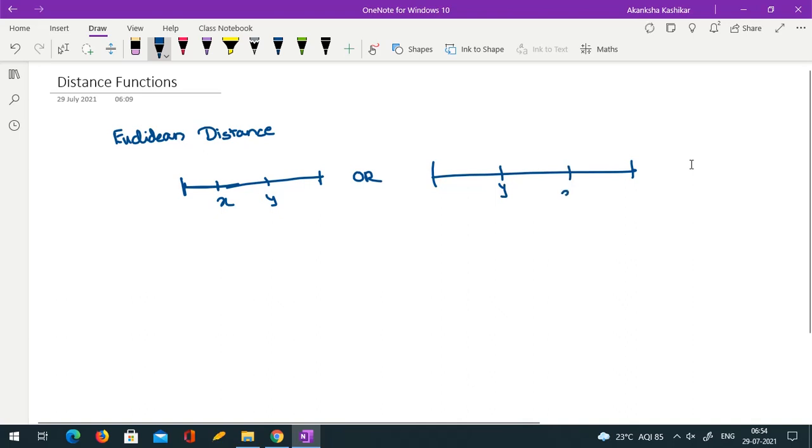On a univariate case, it would be x2 minus x1. I don't have x2, x1. I talked about x and y.